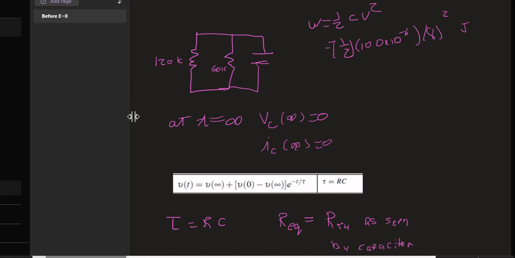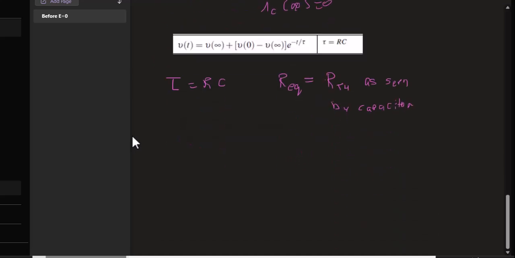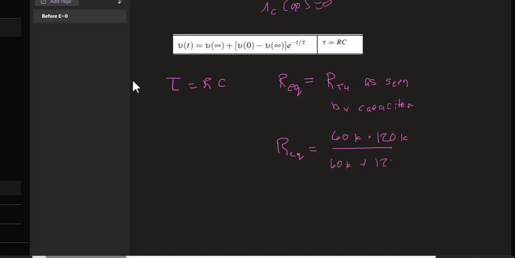From the point of view of the capacitor, are those resistors in series or parallel? Yeah, they're in parallel. So our equivalent will equal 60K times 120K over 60K plus 120K.